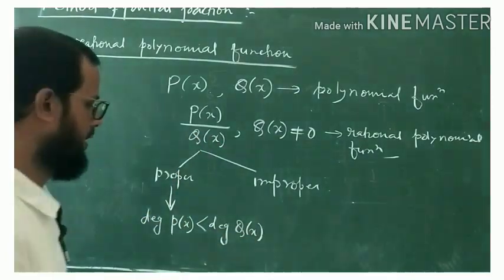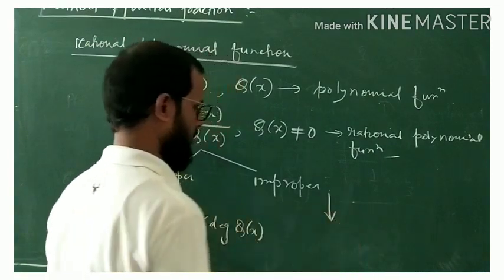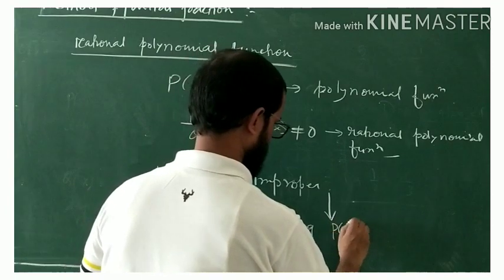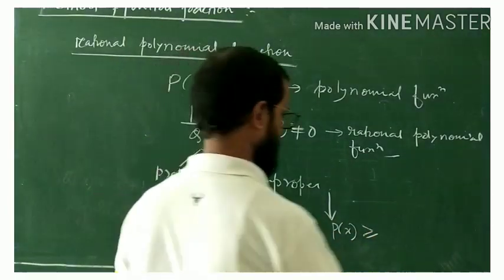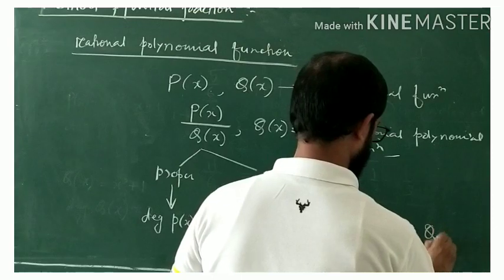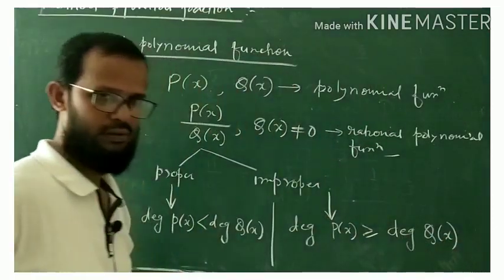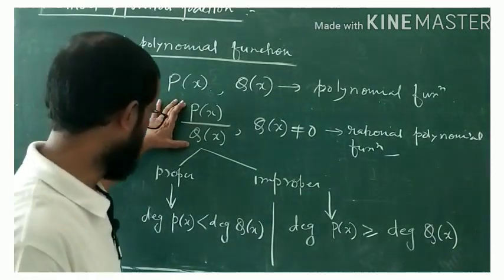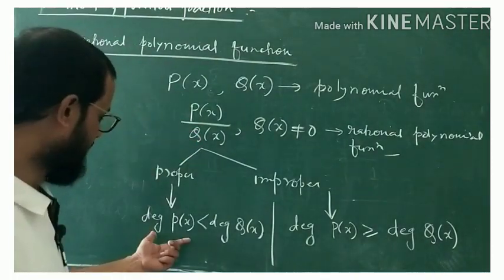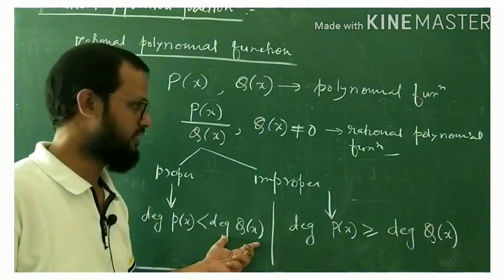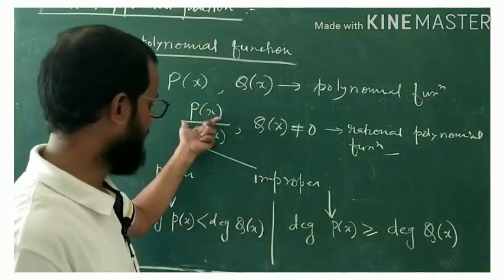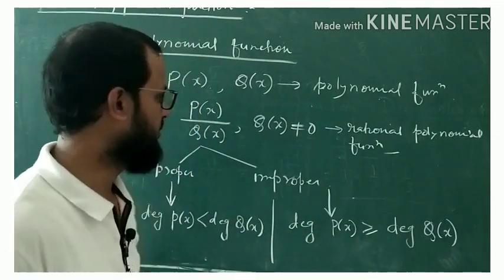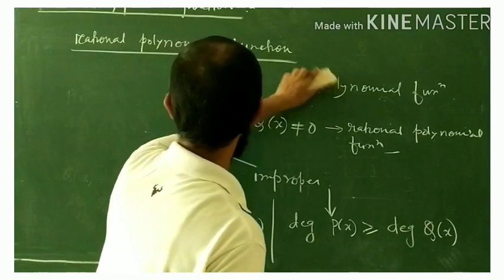That's very important. And when it is improper, degree of P(x) is greater than or equal to degree of Q(x). Very, very important. This rational polynomial function is proper if degree of P(x) is less than degree of Q(x), and improper if degree of P(x) is greater than or equal to degree of Q(x). We can give some examples.